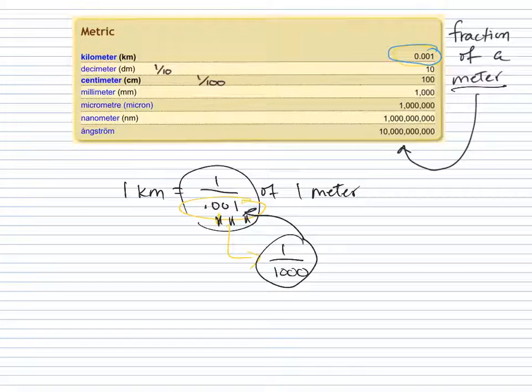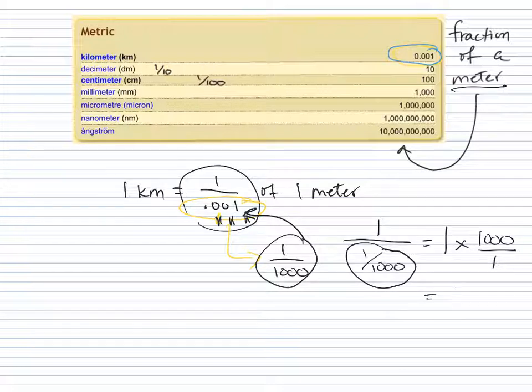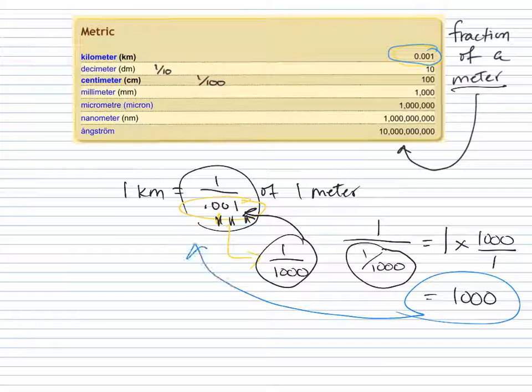So we're saying the reciprocal, 1 over 1/1000th. And do you remember how to divide fractions? Well, when you divide by this fraction, you multiply by the reciprocal. So it's 1 times 1,000 over 1, which is 1,000. So what this is really saying is that 1 kilometer is 1,000 meters.